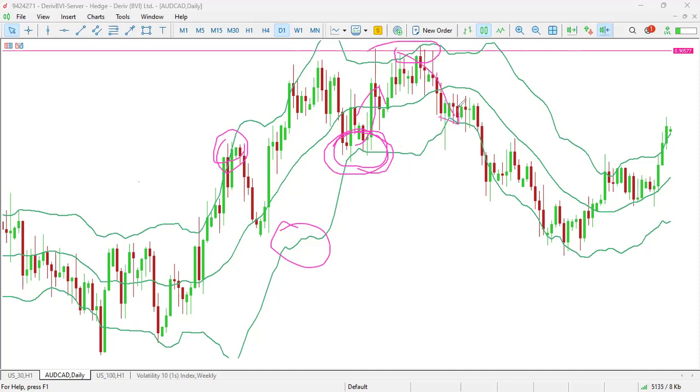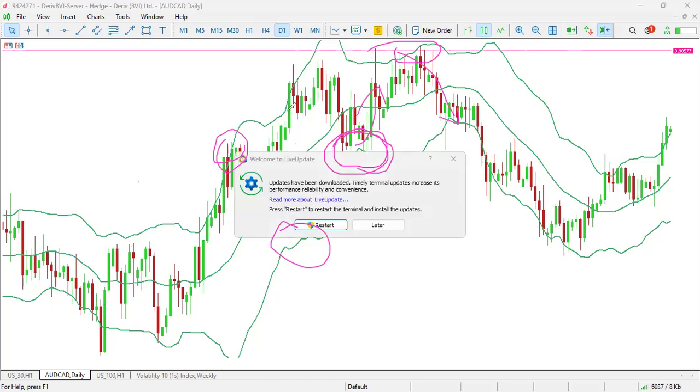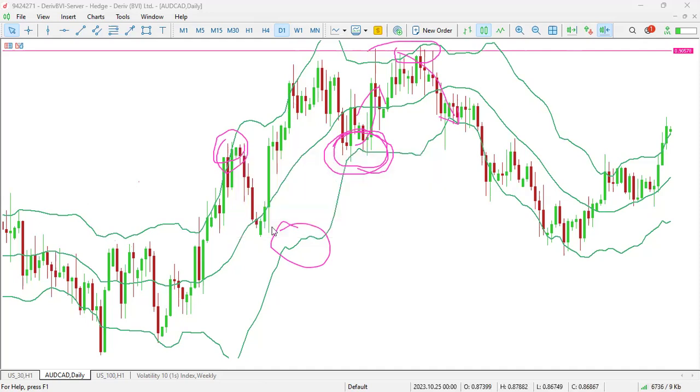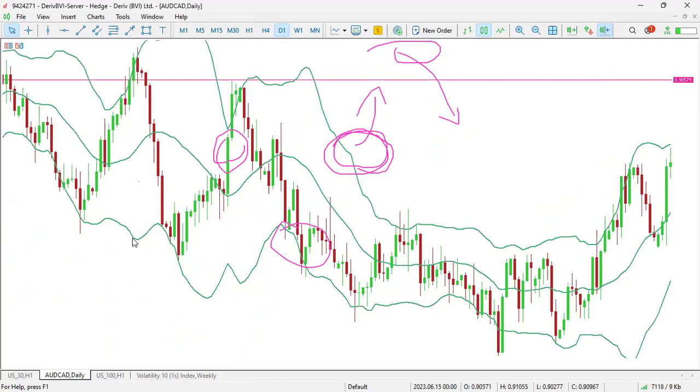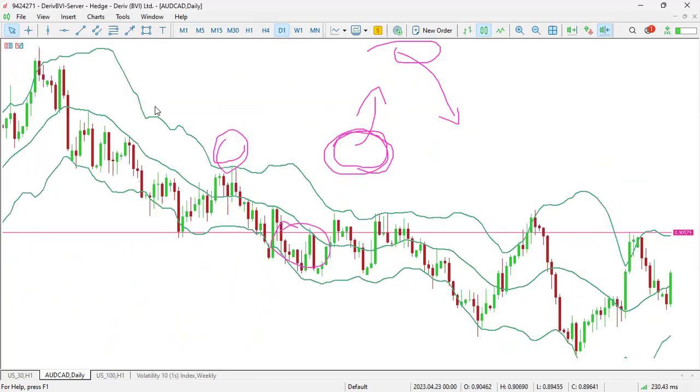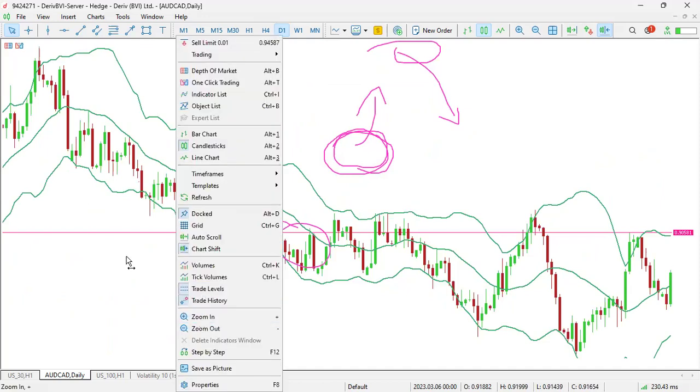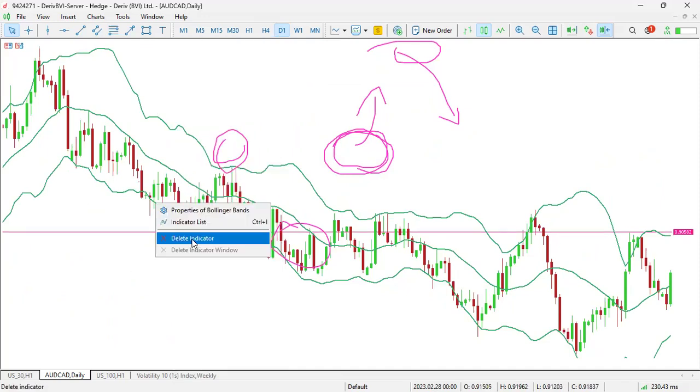It should act as a resistance. So when you see the price is at the bottom of the band, you look for a buying opportunity. When it's at the top of the band, you look for a selling opportunity. That is a Bollinger Band.